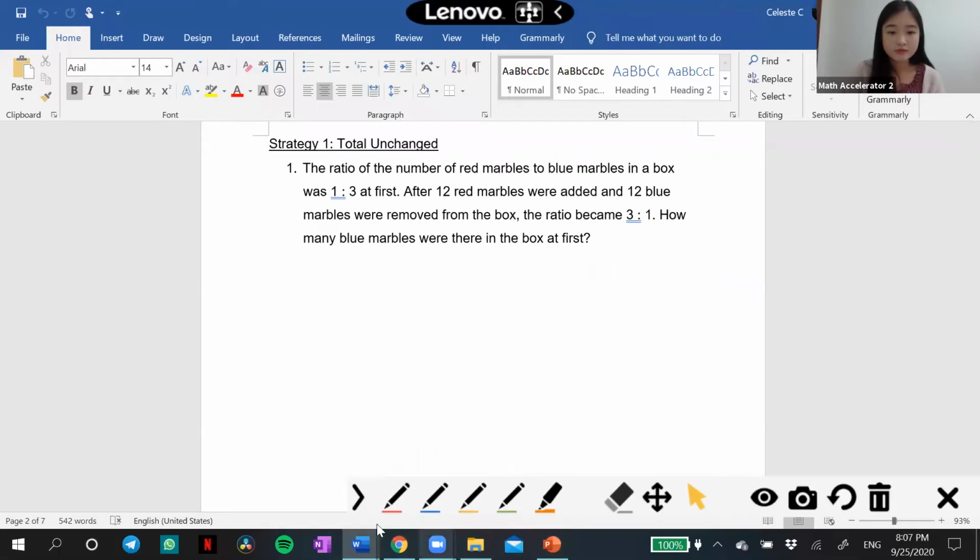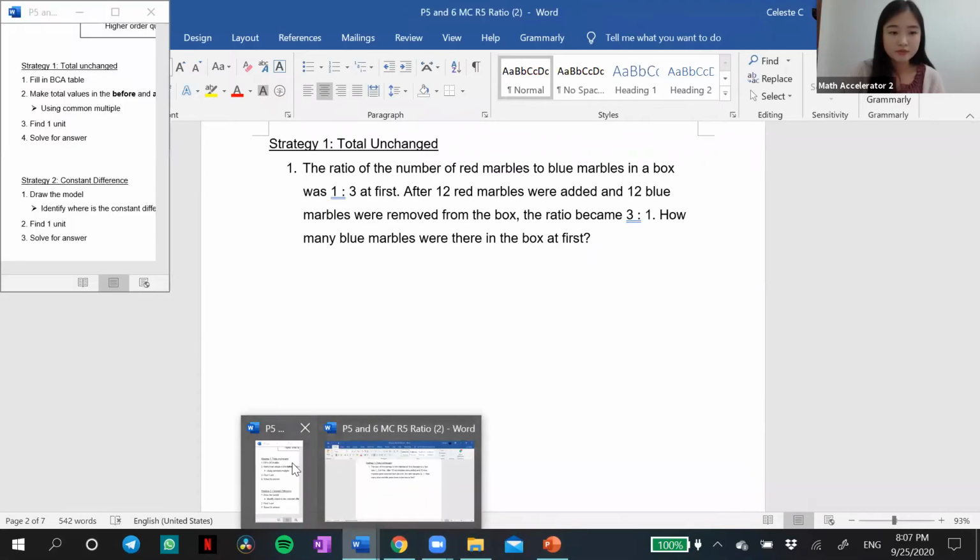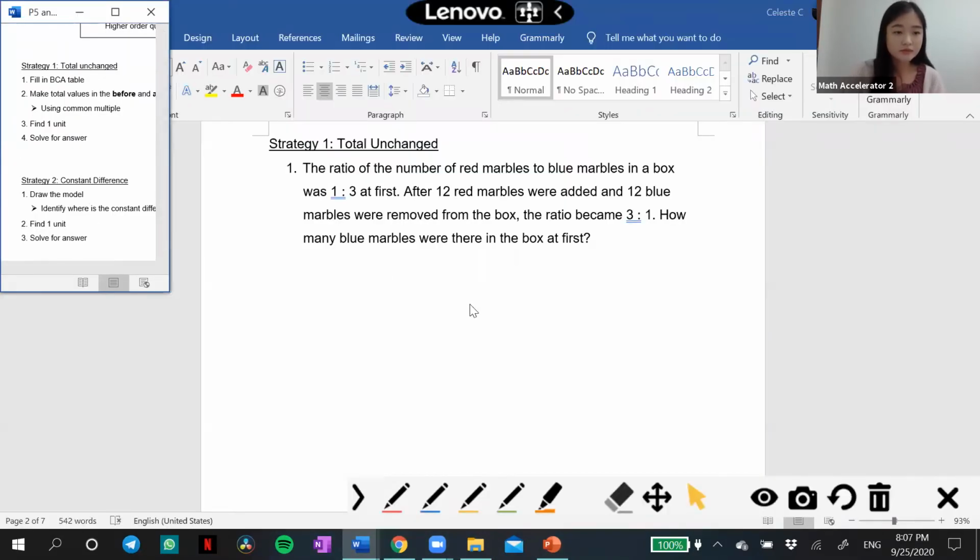Question 1. The ratio of the number of red marbles to blue marbles in a box was 1:3 at first. Underline and highlight the keywords.